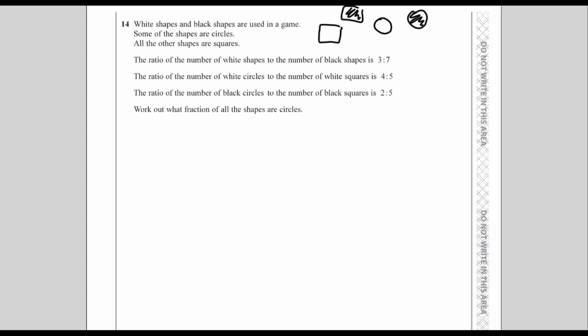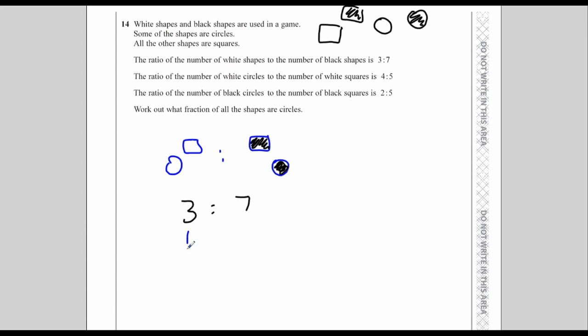Okay. Now, here we've got ratios within ratios. So white shapes to black shapes is 3 to 7. Now, the ratio of white circles to white squares is 4 to 5.